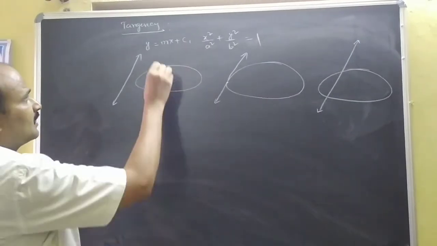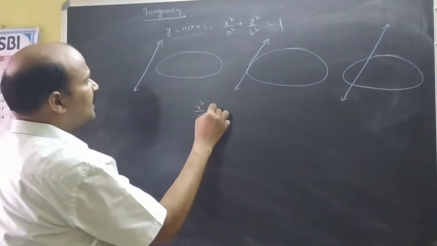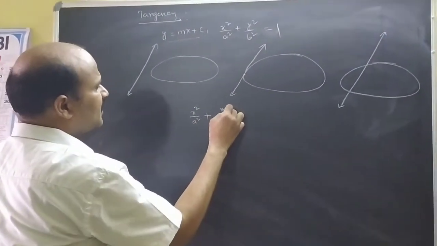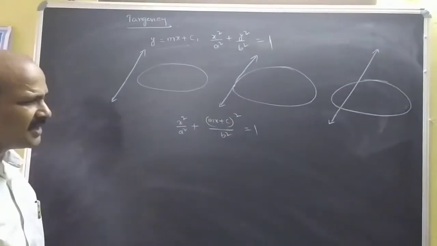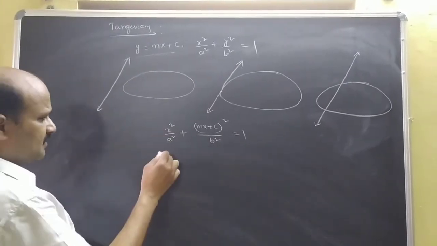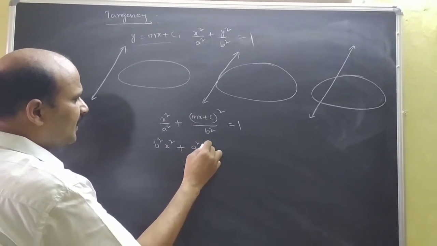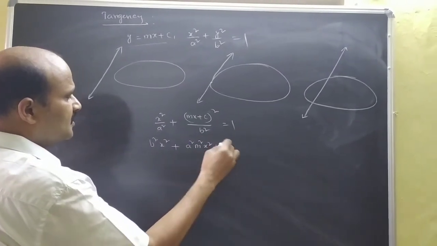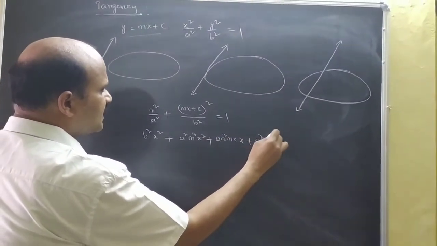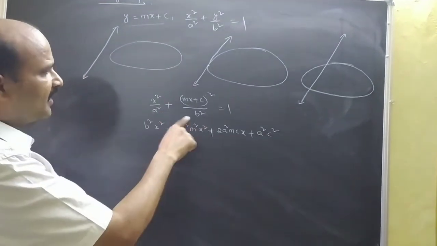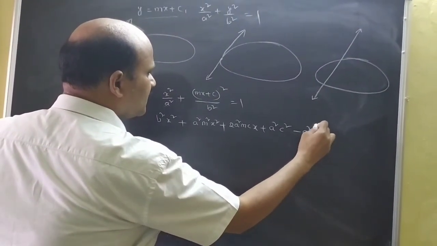Now if you solve these two equations, x square by a square plus, instead of y, we take (mx plus c) whole square by b square is equal to 1. If you simplify this, you will get b square x square plus, if you expand this, a square m square x square plus 2a square mcx plus a square c square. After taking the LCM, this goes to that side, and if we transfer it, minus a square b square.